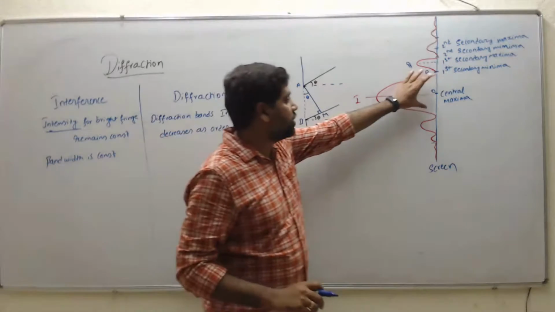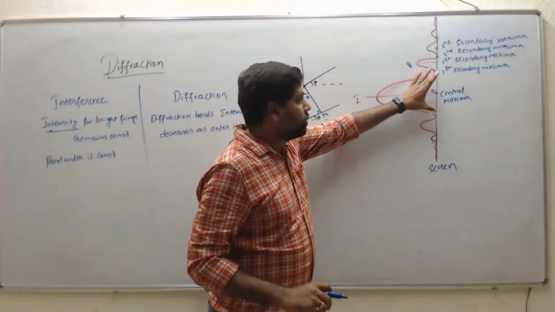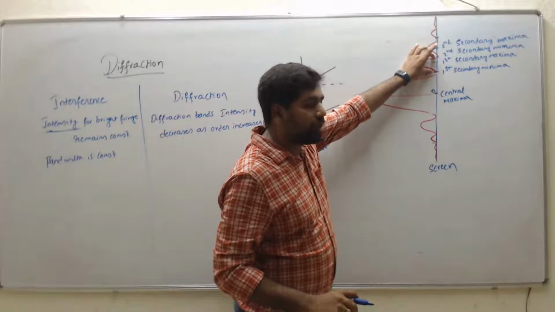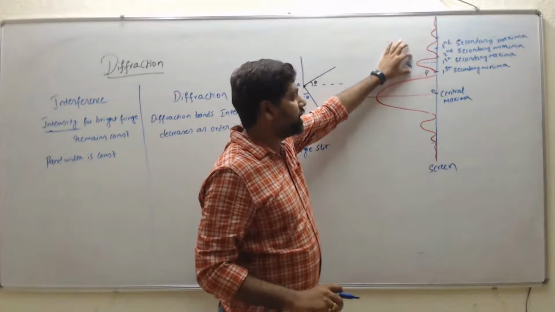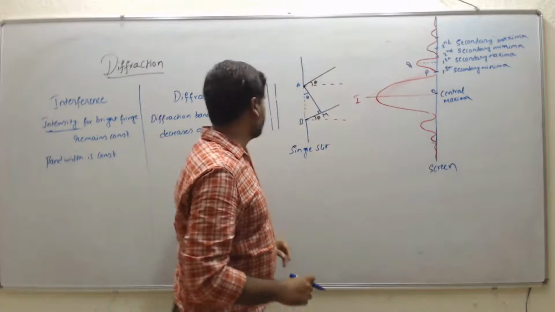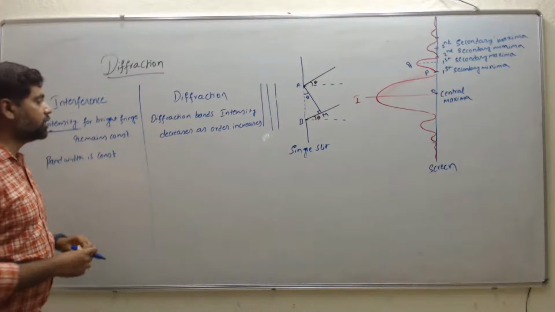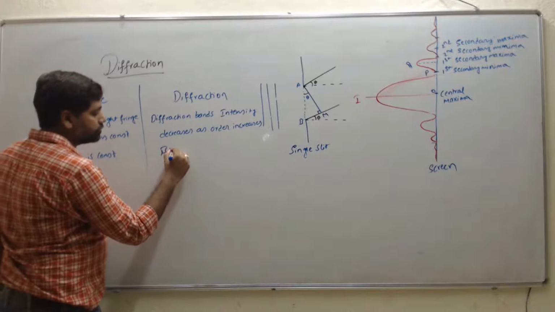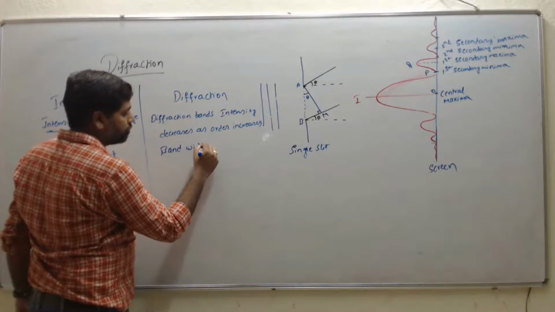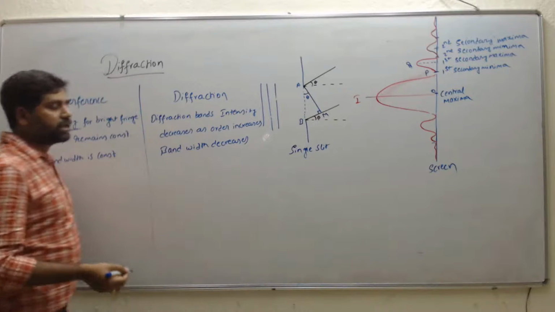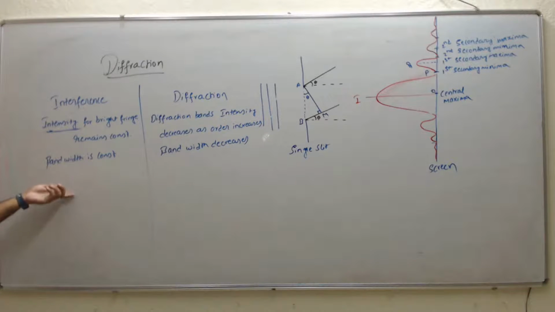If you observe here, for the central maximum the width is this much, and the width of the secondary maxima is less, and for the secondary maxima it goes on decreasing. So here also the bandwidth of the diffraction bands decreases, right?